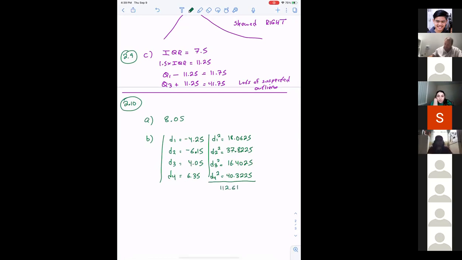112.61. So if I take 112.61 and divide by 3, I get 37.536 bar. And this is S squared, or the variance. And therefore, what is the standard deviation equal to?